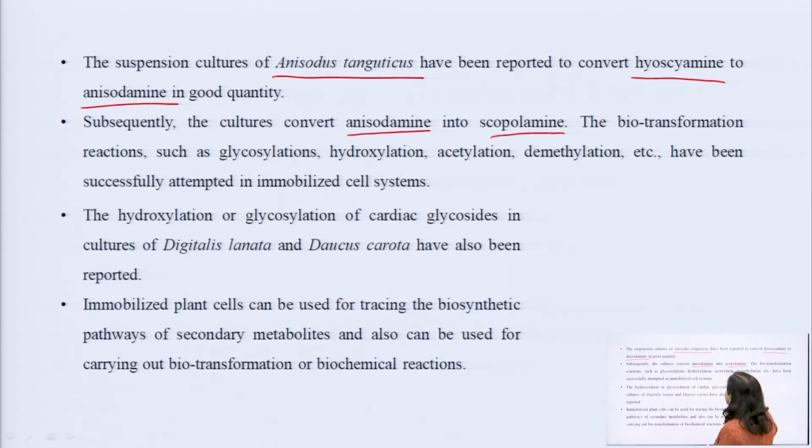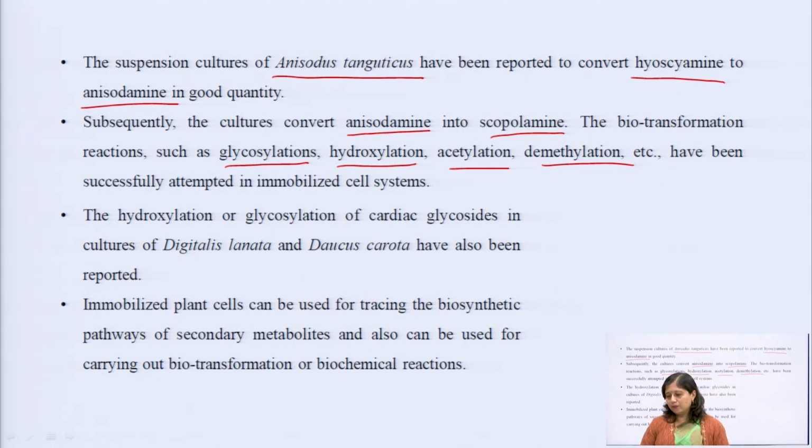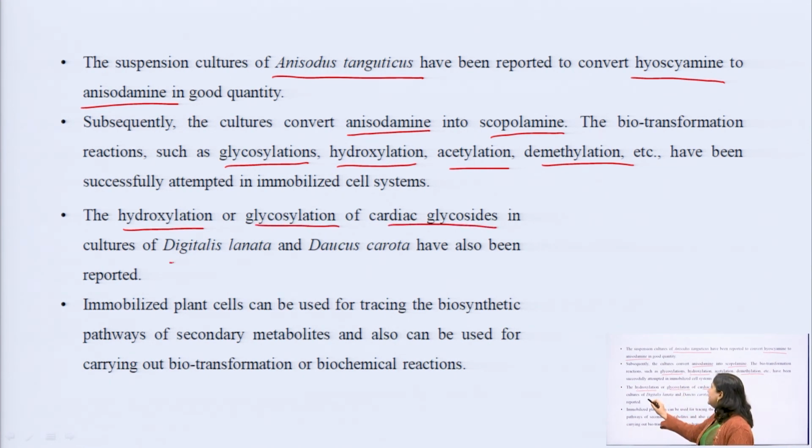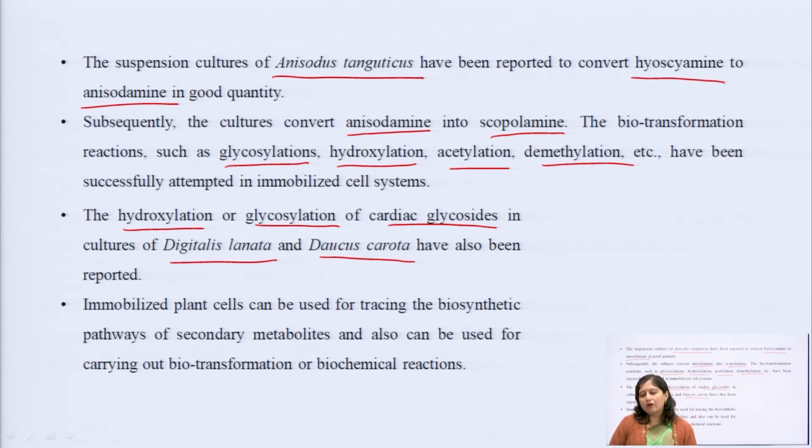Biotransformation reactions such as glycosylation, hydroxylation, acetylation, and demethylation have been successfully implemented in immobilized cell systems. We can do the hydroxylation or glycosylation of cardiac glycosides in Digitalis lanata and Daucus carota plants. These plants have been studied a lot because they give us cardiac glycosides.